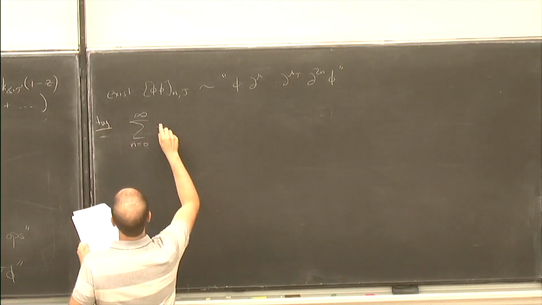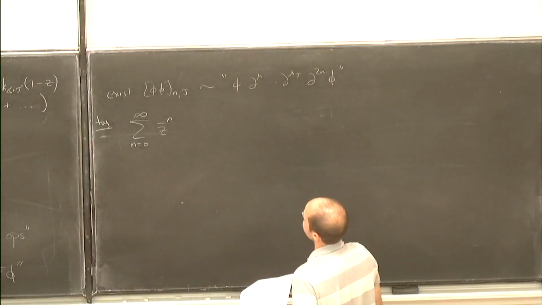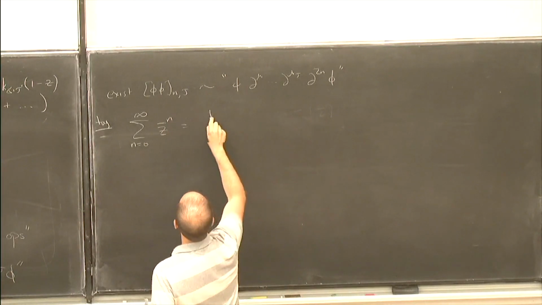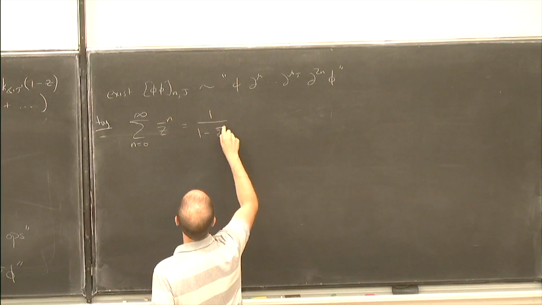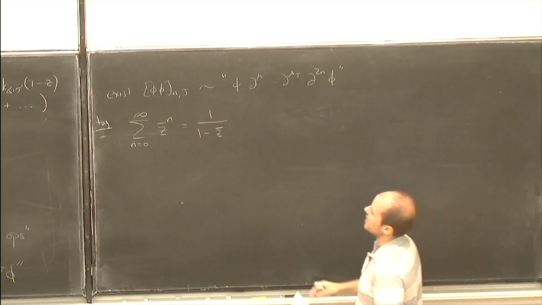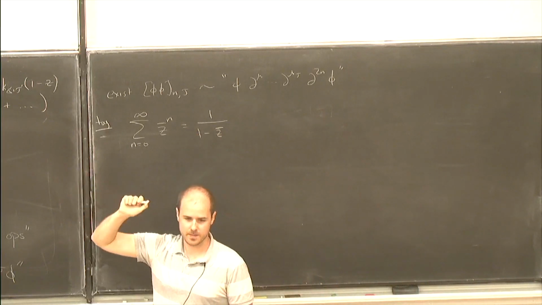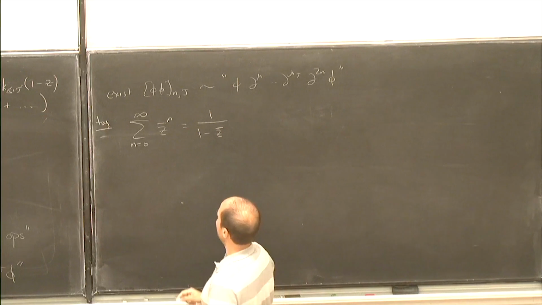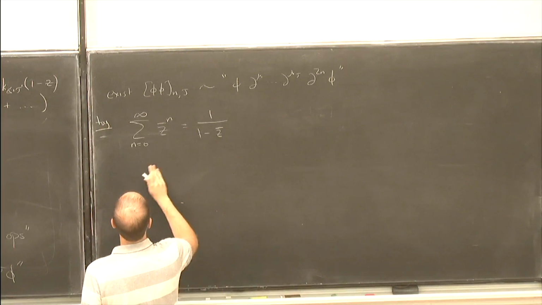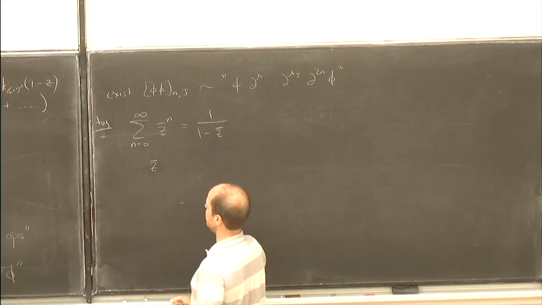Let's consider the sum of z bar to the n, from n equals 0 to infinity. Now, of course, we know the answer. This is 1 over 1 minus z bar. But if we look at this very naively, it seems to present the same kind of puzzle that we have here. So the puzzle is, on the right-hand side, we have a singularity at z bar equals 1.